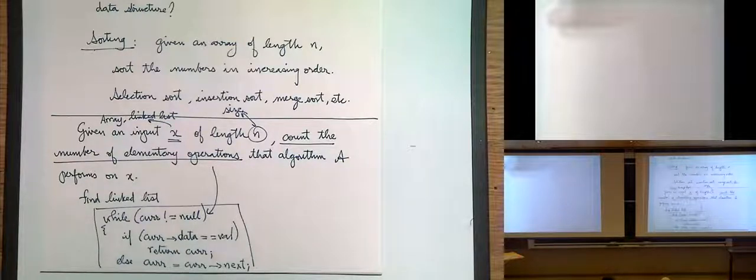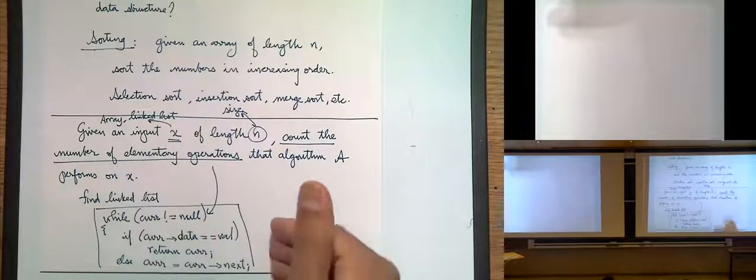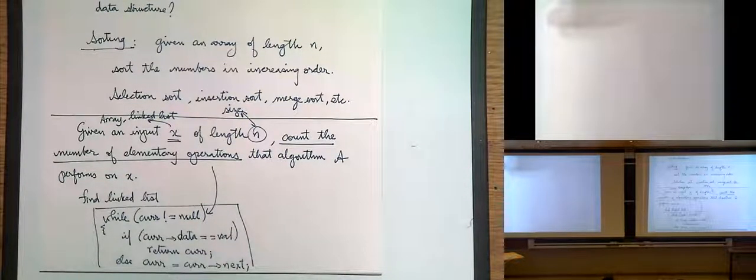So suppose you're running this piece of code to find on a linked list. How many elementary operations will this piece of code perform to find? Yeah? At most n.